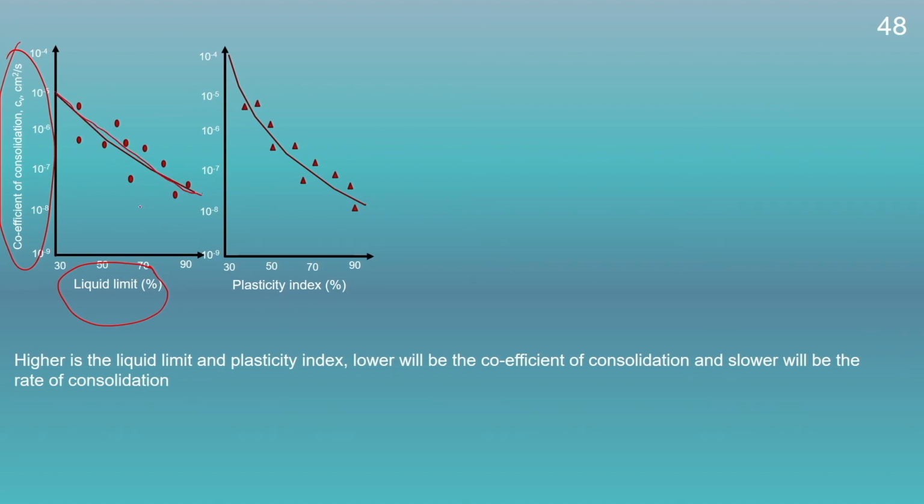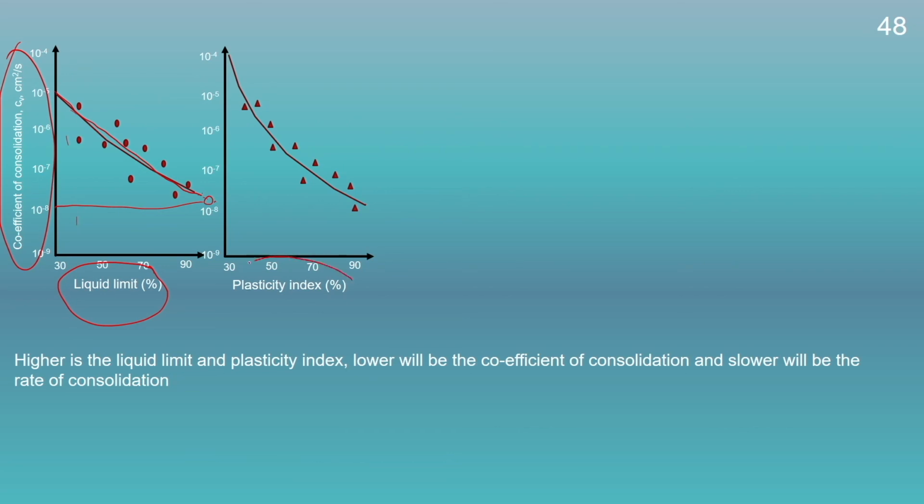That means, with decrease in the liquid limit of the soil, the coefficient of consolidation keeps on decreasing. That means, higher is the liquid limit, higher will be the diffuse double layer thickness, therefore, lower will be the coefficient of consolidation or lower will be the rate of consolidation.